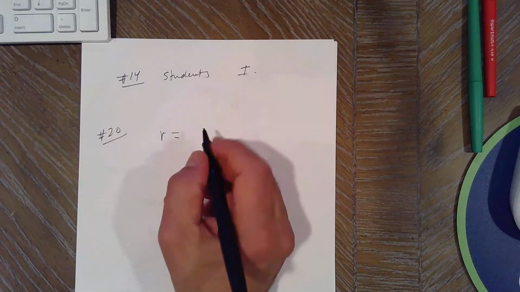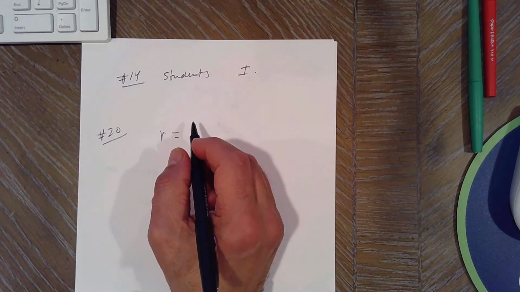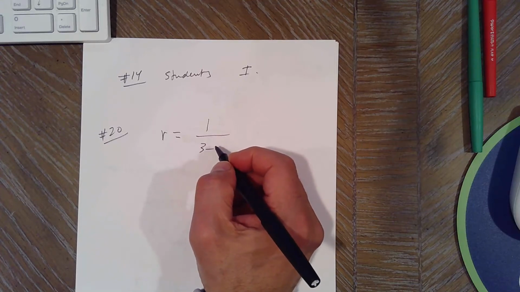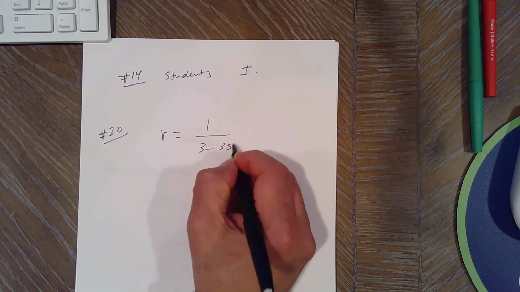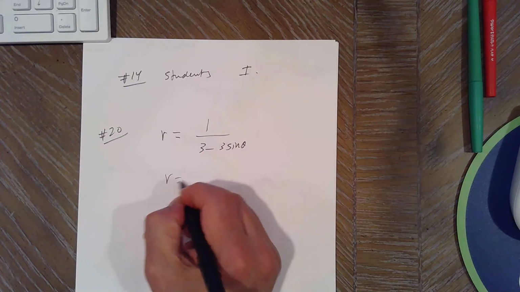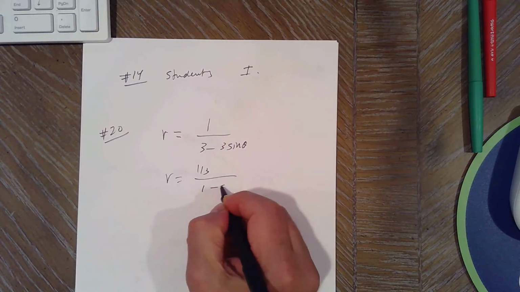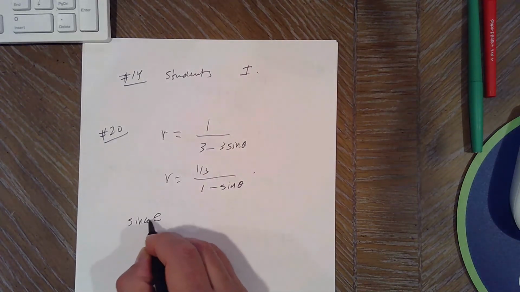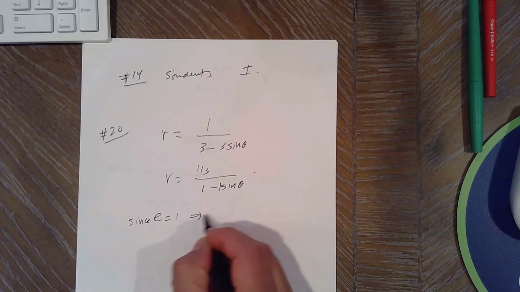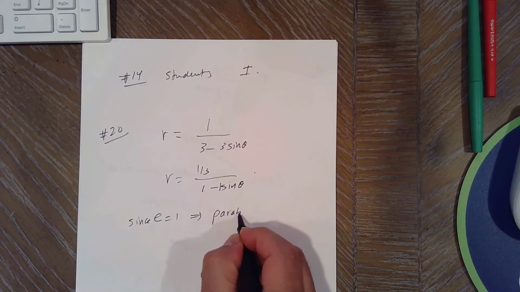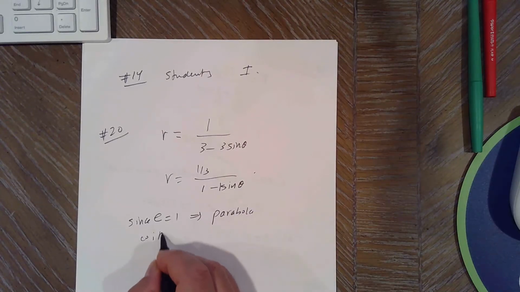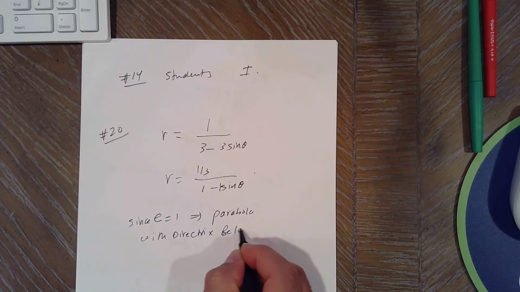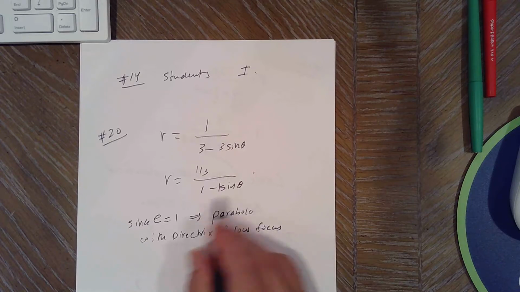So r equals 1 over 3 minus 3 sine theta. We want to have a 1 there, so 1/3 over 1 minus sine theta. So since e is 1, we have a parabola with directrix below the focus from the equation, okay?